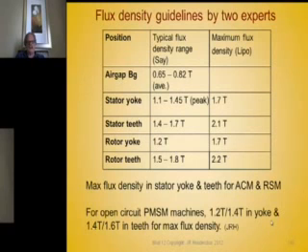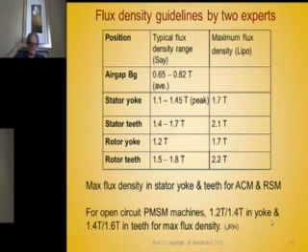So he allows higher flux densities across the board, because he can control the magnetizing current and the torque of the machine better with inverter duty. He wants higher torque density out of the machine, so he runs the flux densities higher. But you just have to deal with the losses.